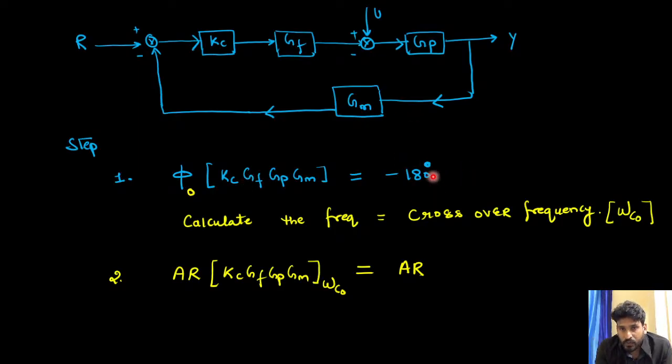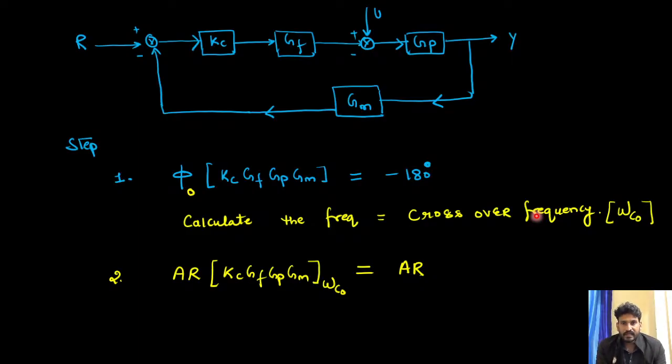Whatever you find the omega, that is called crossover frequency. That is called crossover frequency, right? First we write the open loop transfer function. After that we calculate overall phi. How? Just add the individual phi, equate that overall phi to the -180 degree, and with the help of this calculation I can calculate my omega frequency.